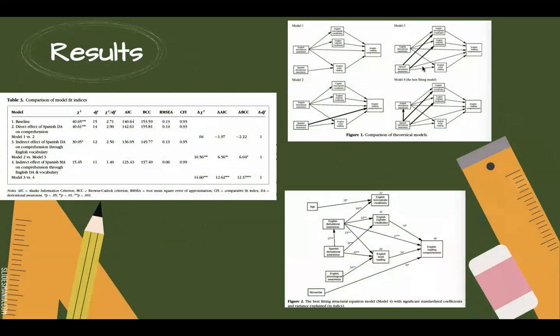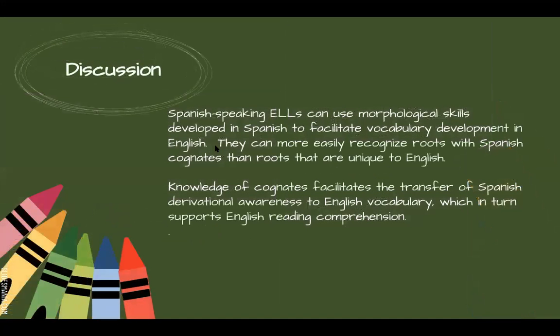So here are some of the tables and the results and the models that they used. They were discussing that Spanish-speaking English language learners can use morphological skills developed in Spanish to facilitate vocabulary development in English, okay? So this is cross-linguistic transfer, which we're looking at.